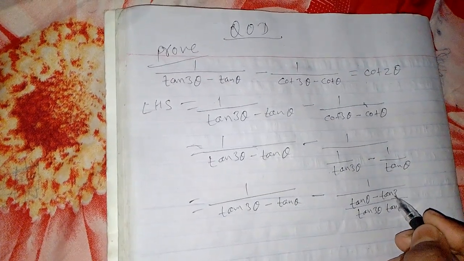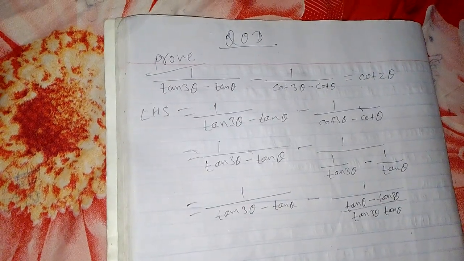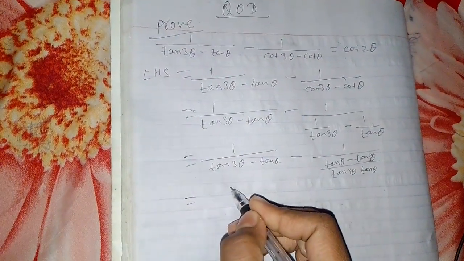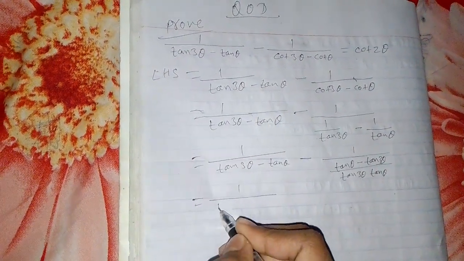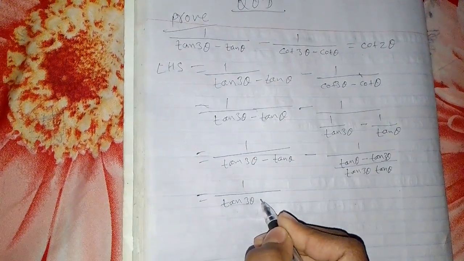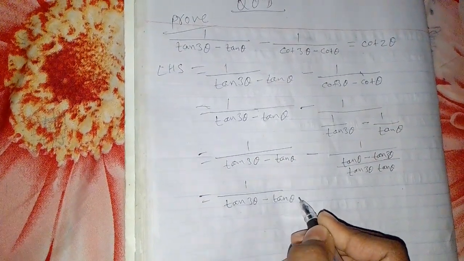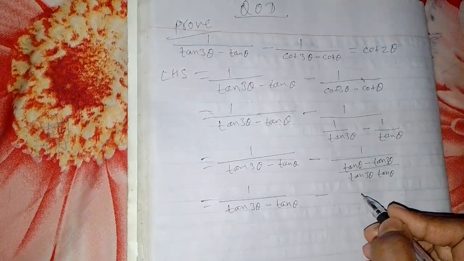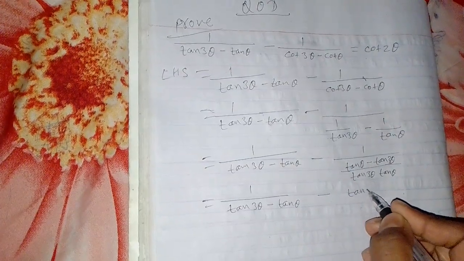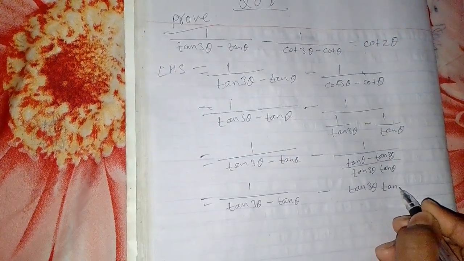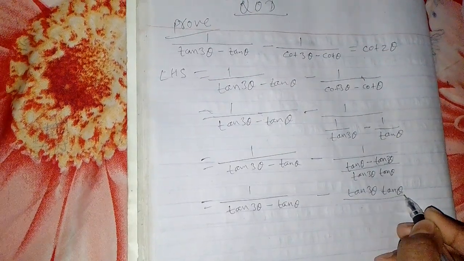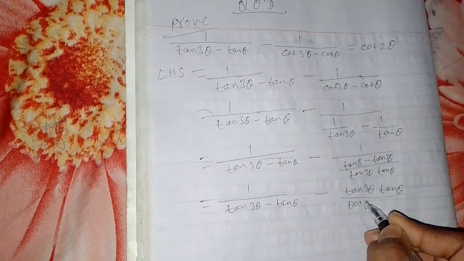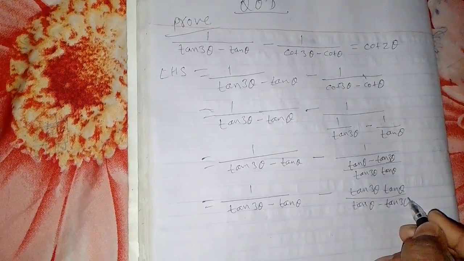So next, you can write this as 1 over tan 3 theta minus tan theta, and minus, I'm going to take this over to the numerator, so it becomes tan 3 theta times tan theta divided by tan theta minus tan 3 theta.